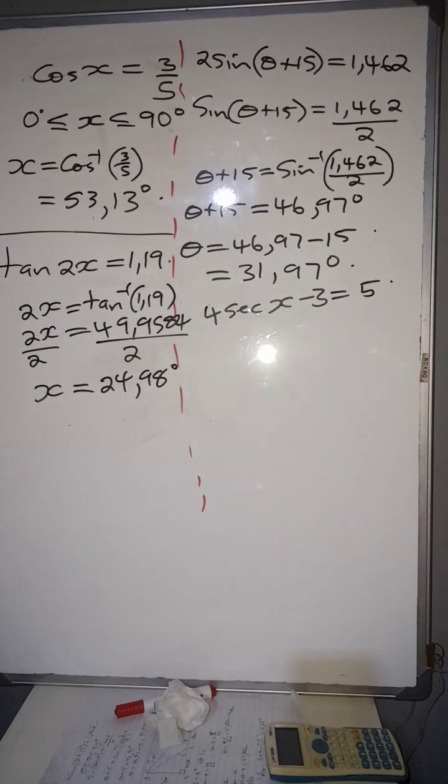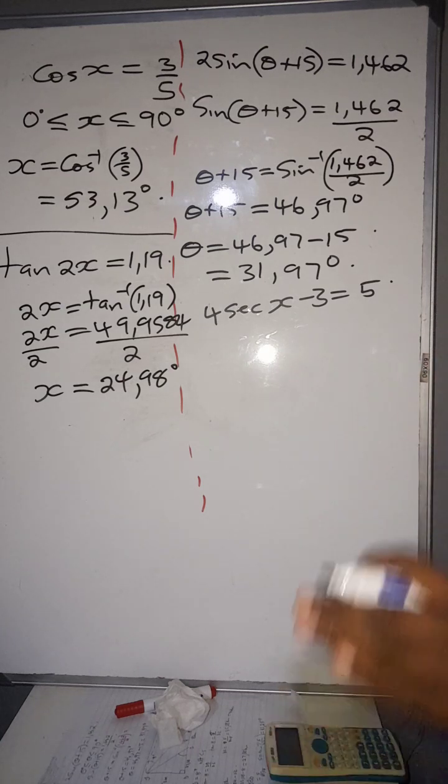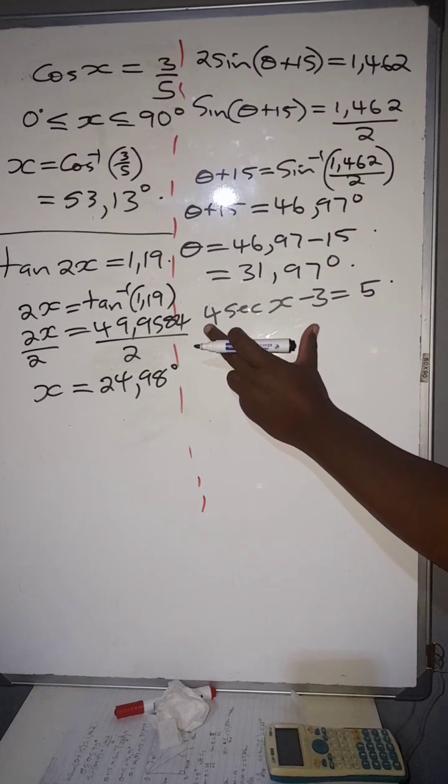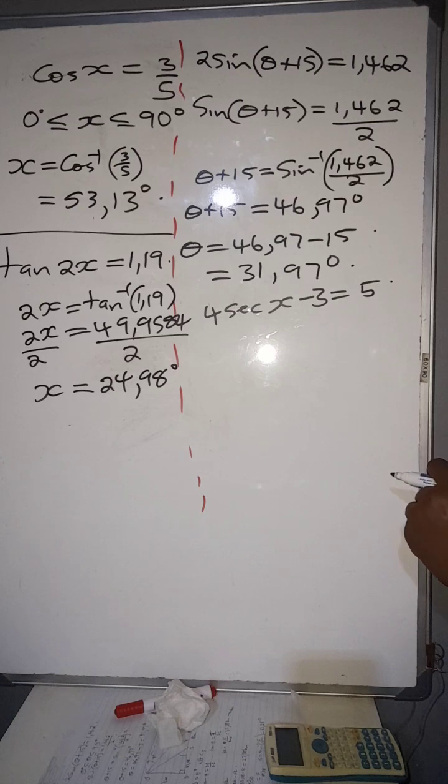Remember, sec is the reciprocal of cos. And we also have cosec, which is the reciprocal of sine, and then cotangent, the reciprocal of tan. So we have 2 steps here that we have to deal with.